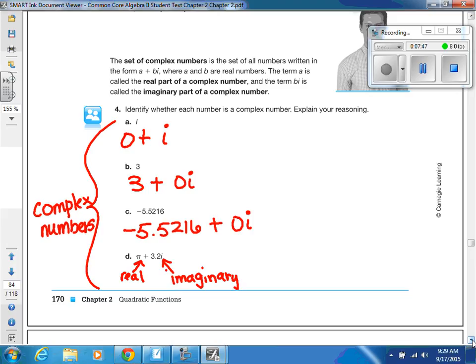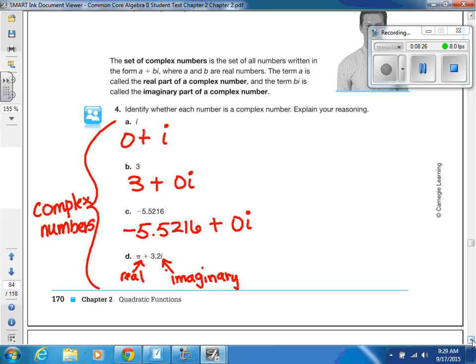So look at number 5. I'm going to leave this up here so we can look at this while we're talking about number 5. What is the difference between a complex number and an imaginary number? Complex has a real part. Alright. If it's imaginary, is it also complex? Yeah. If it's real, is it complex? Yeah.